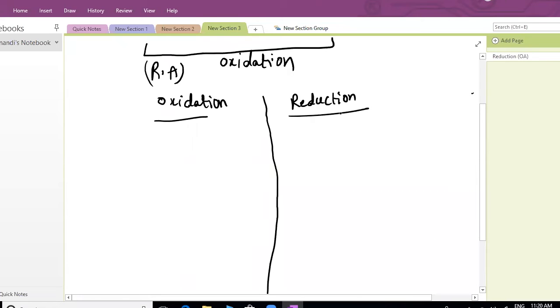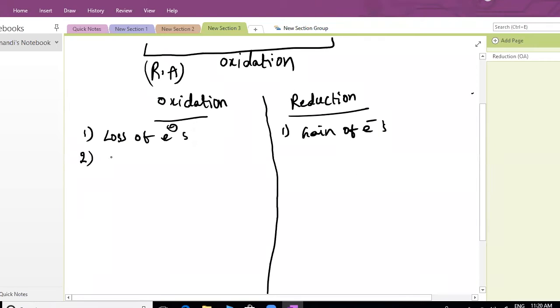Oxidation means, can I write, loss of electrons? Loss of electrons is oxidation. Gain of electrons is reduction.